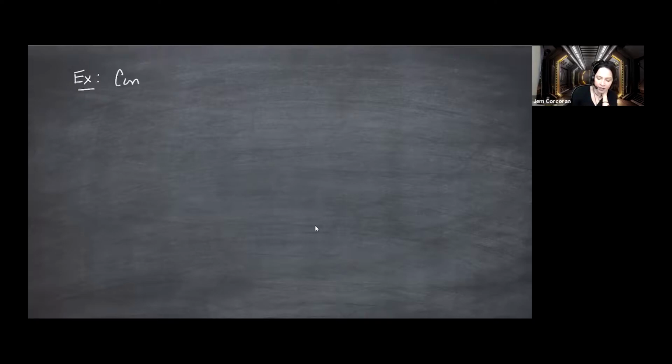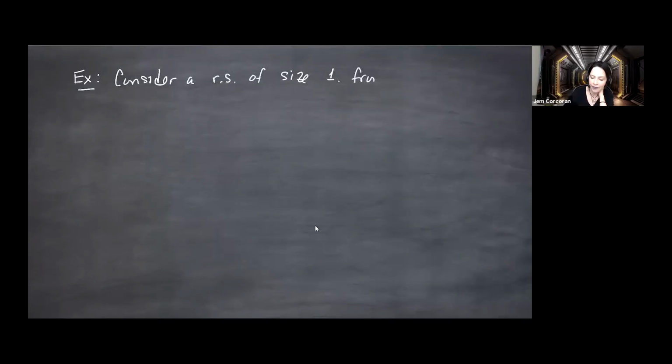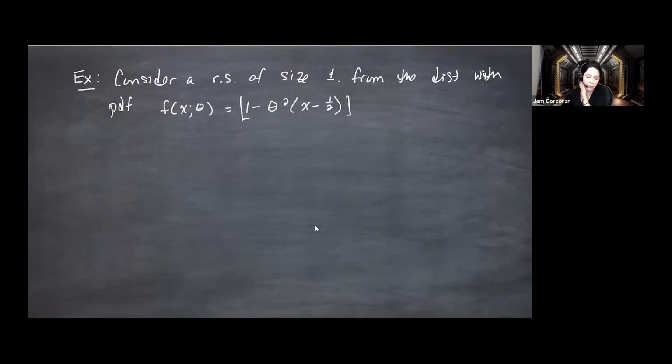So consider a random sample of size 1, so it's nice and analytically manageable, from the distribution with PDF f of x and theta equal to 1 minus theta squared times x minus 1/2, for all x between 0 and 1. And the parameter space here is thetas between -1 and 1.